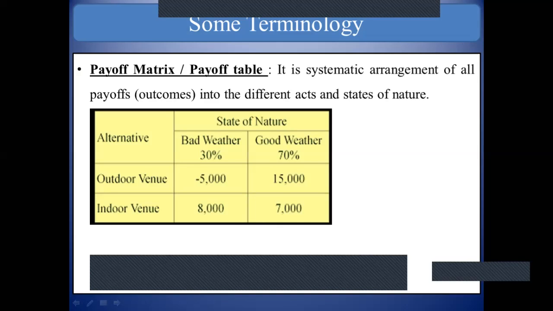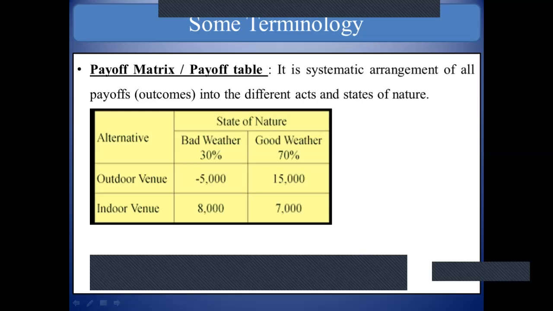So here again, the meaning of payoff matrix is the same. Payoff matrix or payoff table is an arrangement of all payoffs or outcomes for the different acts and states of nature.